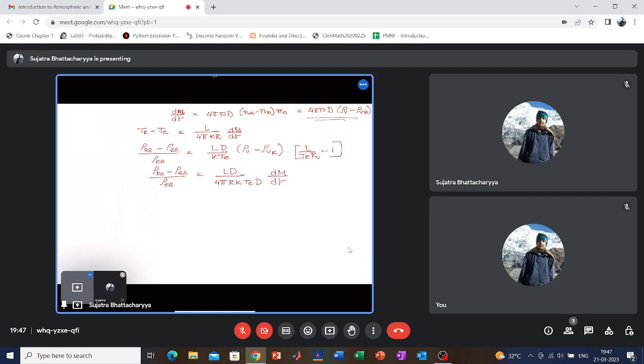Just writing this, and you have L by Tr Rv minus 1, right? Now this D cancels out. So we get one expression, this. Another expression is that rho v minus rho v r is actually 1 by 4 pi r D rho es. Fine. This is another expression which we are getting.